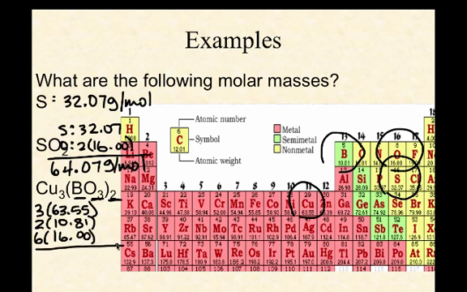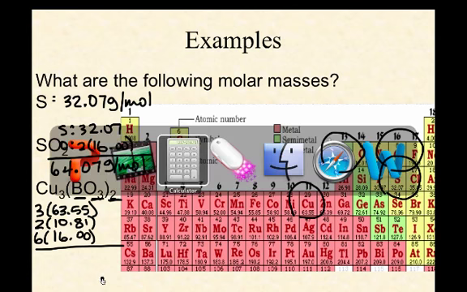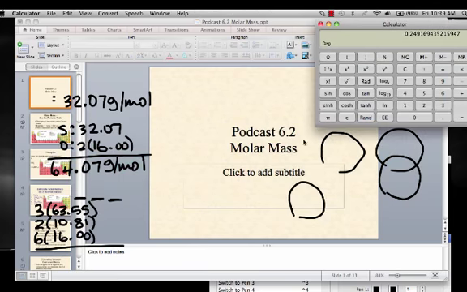All right, well now this isn't math that I'm willing to do in my head. I don't know about you, but I'm going to use my calculator for this one. So I get 3 times 63.55 is 190.65. So 190.65 for the copper section.